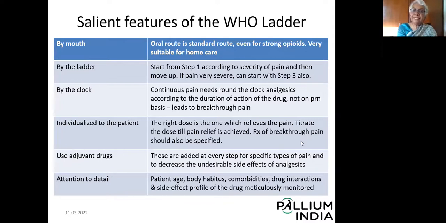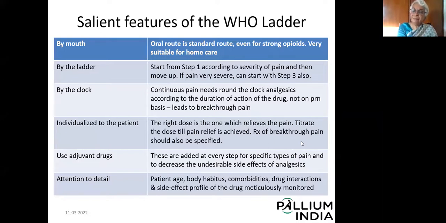It all depends upon the pain the patient is having, how severe the cancer is, and the individual characteristics of the patient also. Okay, so that is very important, that you have to individualize the regime so that there is total relief of pain. There is good relief of pain during the whole 24 hours and no breakthrough pain will happen.